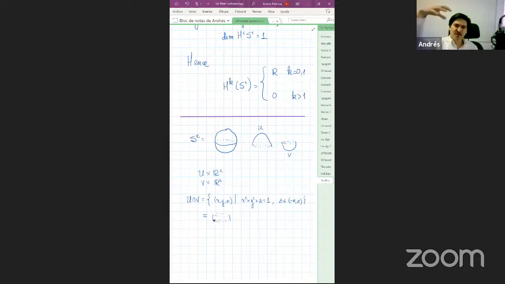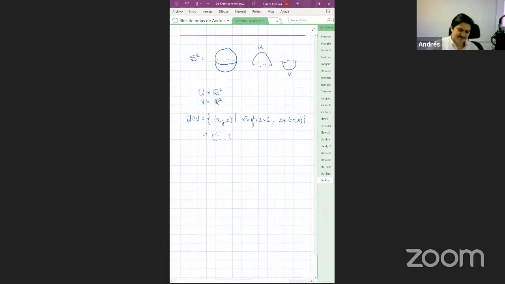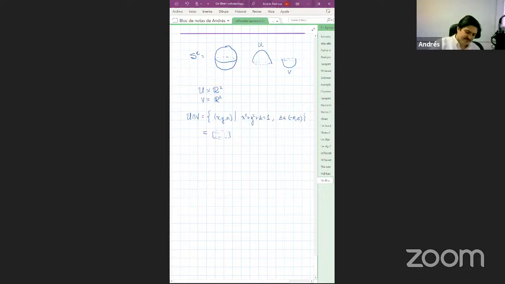So again, you will take U to be the northern hemisphere and a little bit more to go beyond the equator, V to be the southern hemisphere, going a little bit above the equator. And then you do the intersection. So everything makes sense?